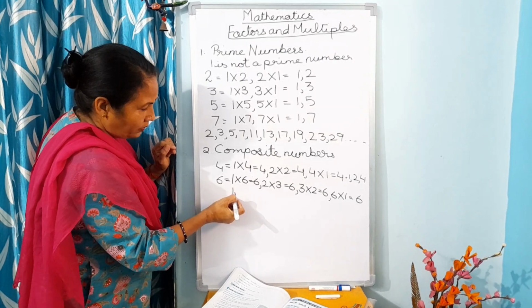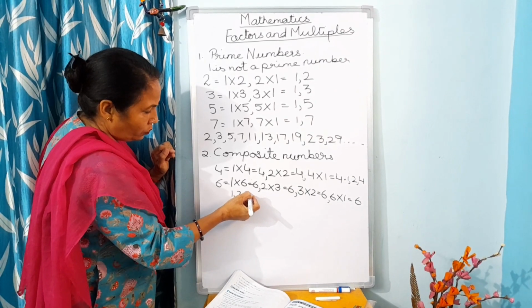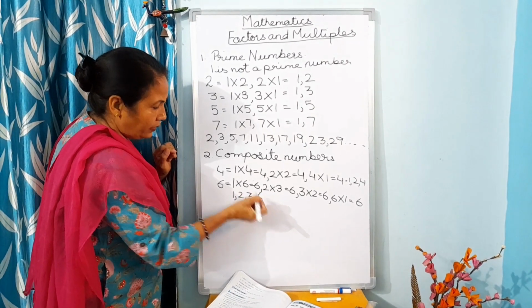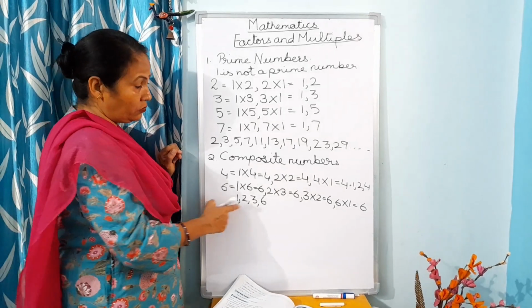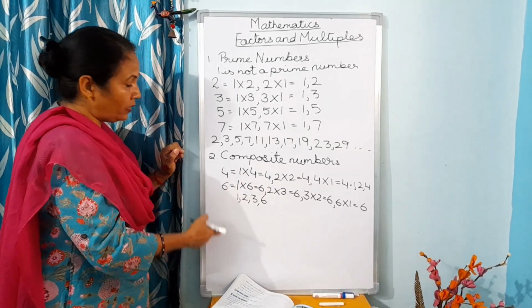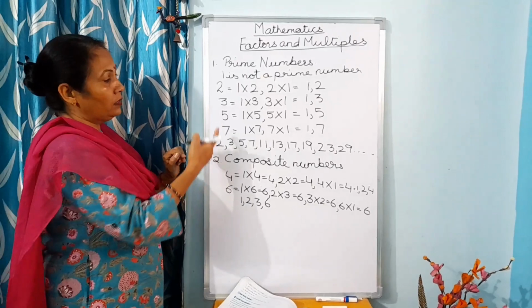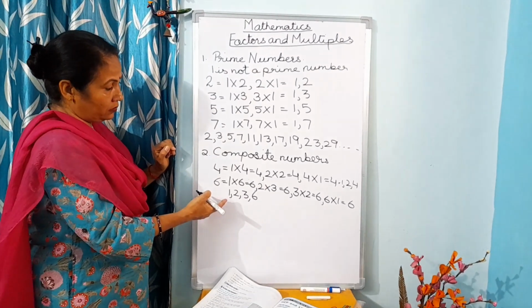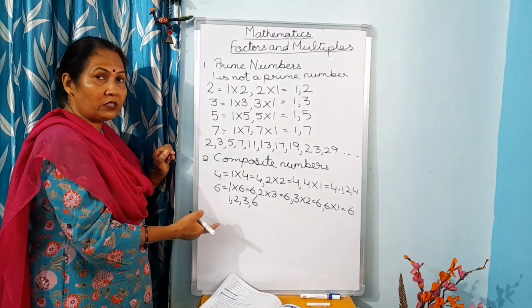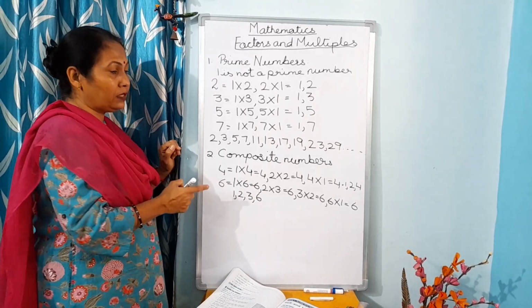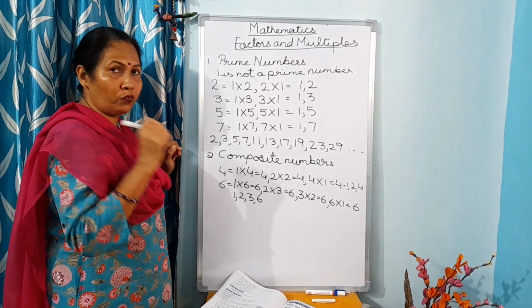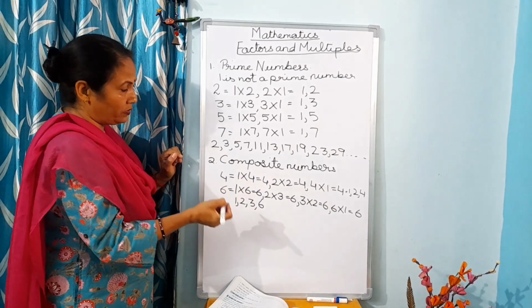You have 1, 2, 3 and 6. So you have 4 factors. Same way you go on dividing the numbers, you will see that the composite numbers have more than 2 factors. So they are composite numbers.